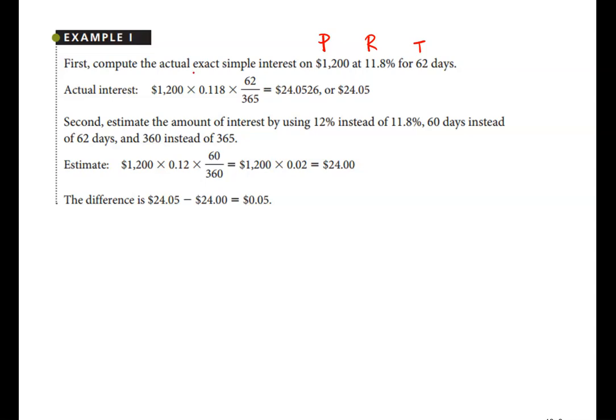Because it was asking for exact simple interest, that came out to $24.05 because we used 365 days as our denominator for exact interest. When we estimate, again, we're going to use that 13.1 table in your e-text.